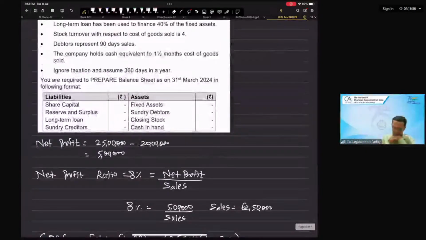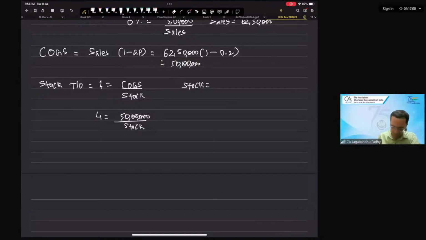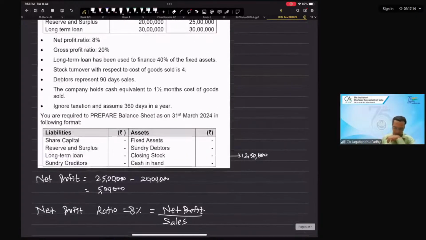The inventory is 50 lakh divided by 4, 12 lakh 50,000. We got the inventory value. Perfect. Now stock turnover is done.